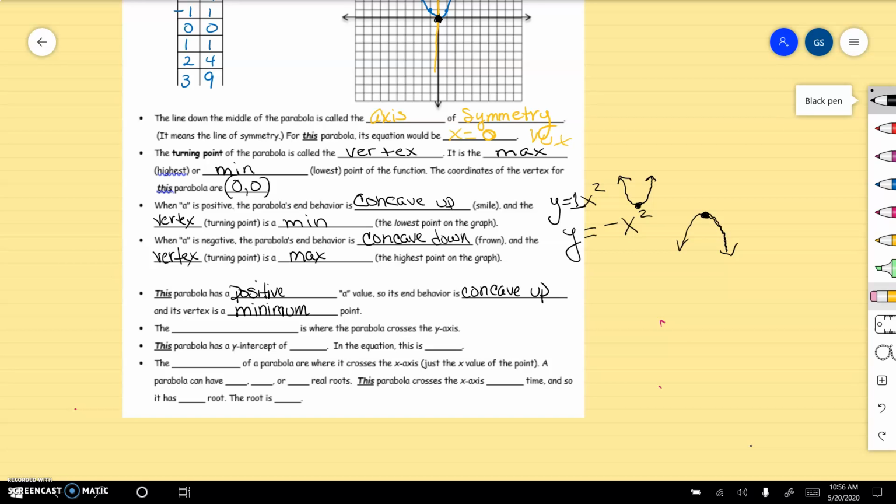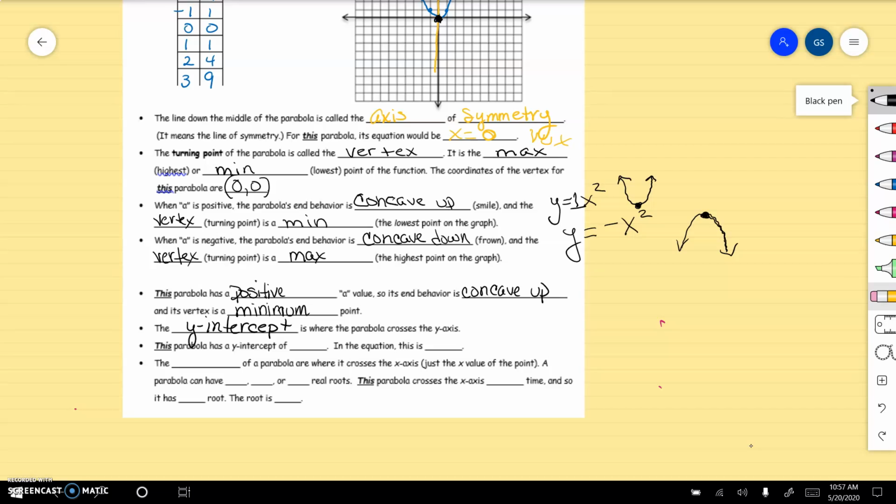Okay. The blank is where the parabola crosses the y-axis. So let's think about this. Any graph that crosses the y-axis has what we call a y-intercept, and the parabola is no different. That's what I was trying to say. Intercept.